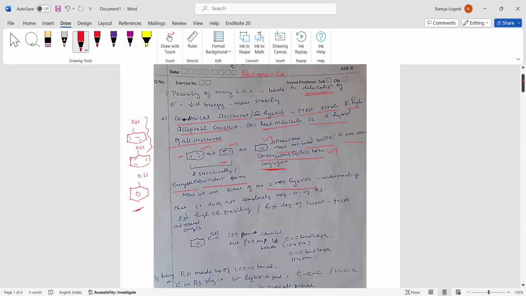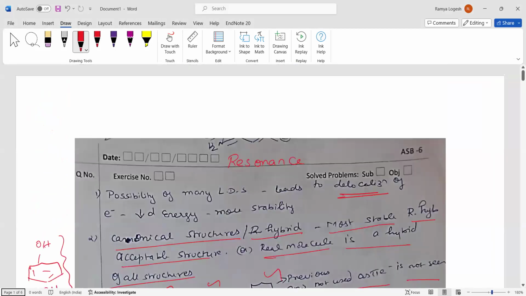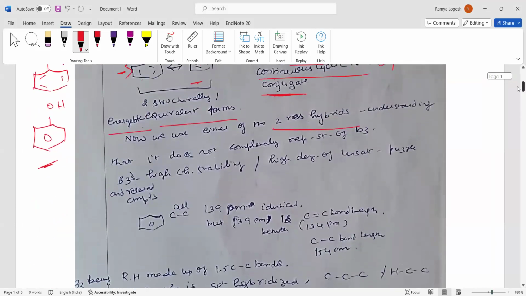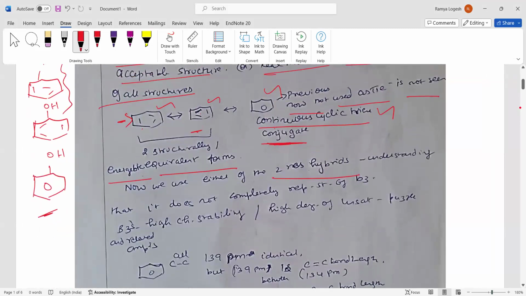I know that if I draw this and start doing some reaction, this is not the only structure which is going to explain the overall reactivity of benzene. Knowing that, only for proper understanding and to make the concepts simpler and easier, we use either of these three forms.